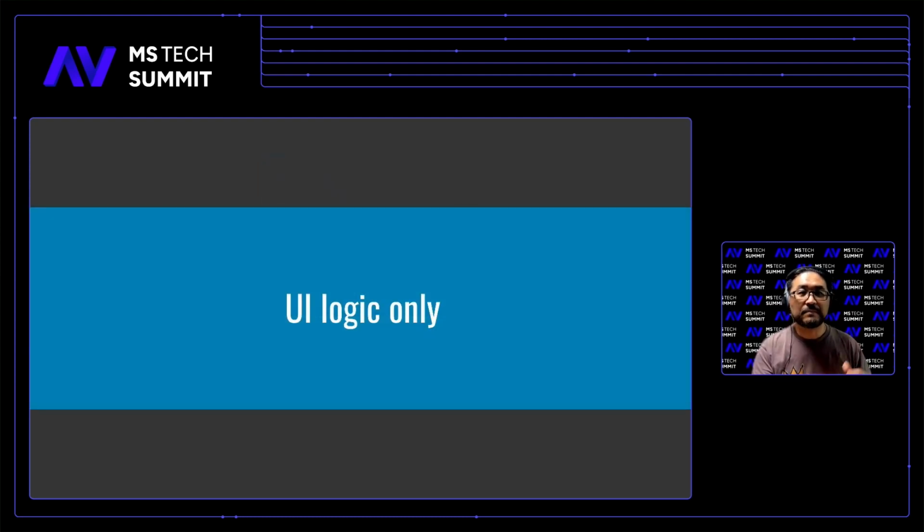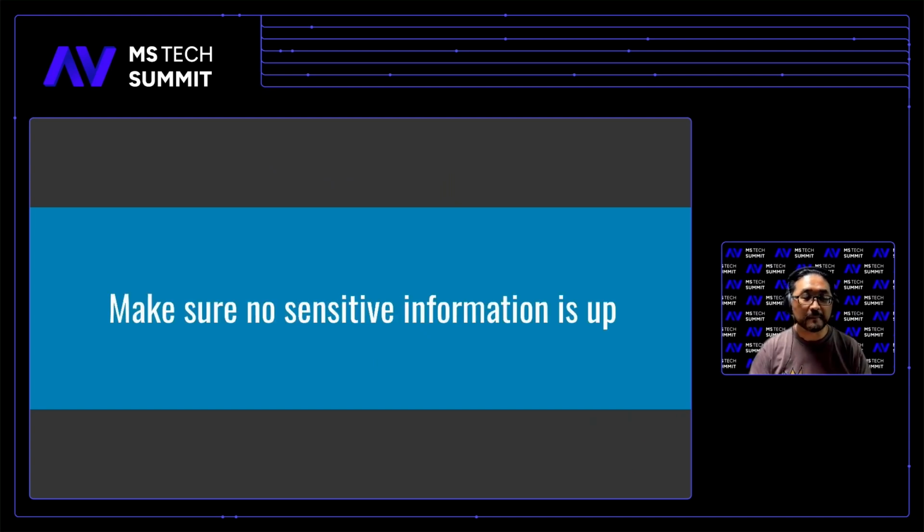Therefore, the Blazor WebAssembly application, Blazor WASM, only takes care of the UI logic, and all the business logic resides in the backend APIs. Even the business class library is referenced by the backend APIs. But the good thing is they are running on the same instance, right? And the nature of Blazor WebAssembly is that it's a static website, so all your UI logic is exposed to the public.